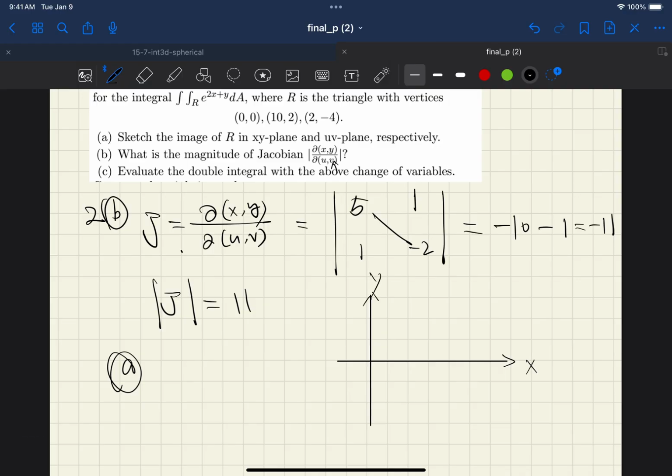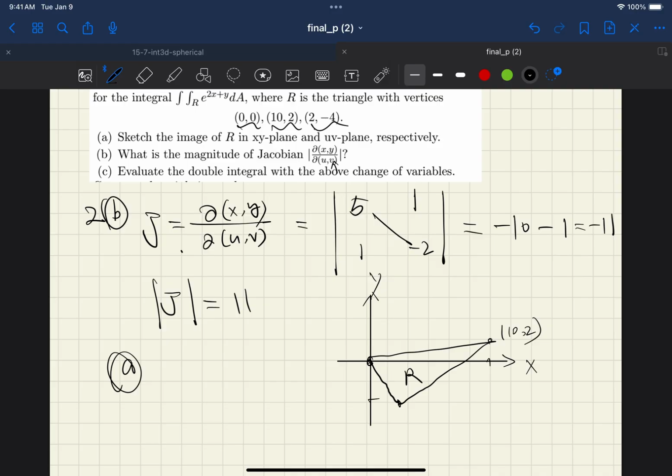And we have 0, 0, and 10, 2, maybe here. And 2, negative 4, maybe somewhere here. So if we link these 3 points, we have xy plane region, which is R.